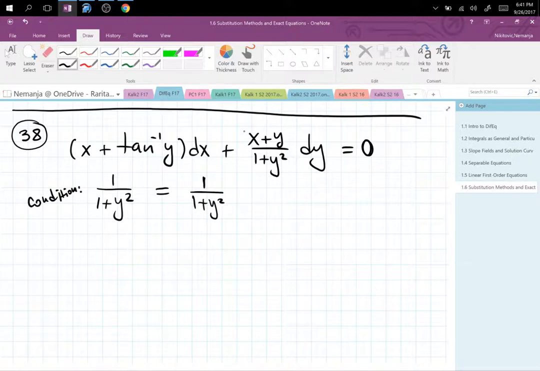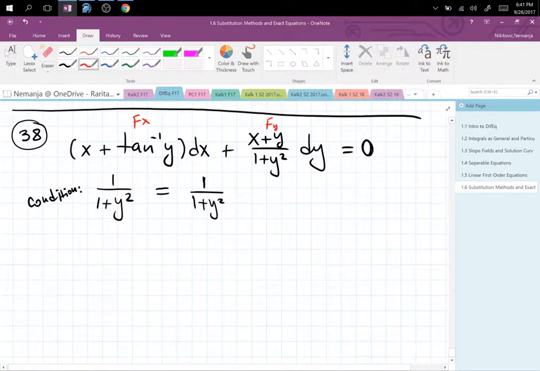Remember that the first part is fx, the second part is fy. Now I should go around and ask every single one of you, what's the integral of? There we go. So you look at this and you say, all right, can I integrate the first one with respect to x?